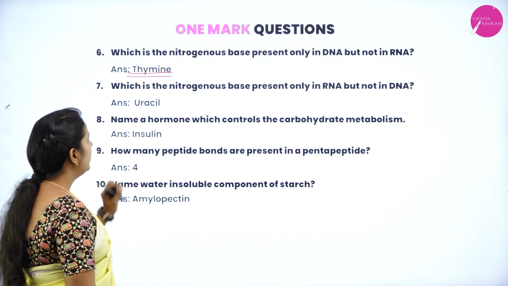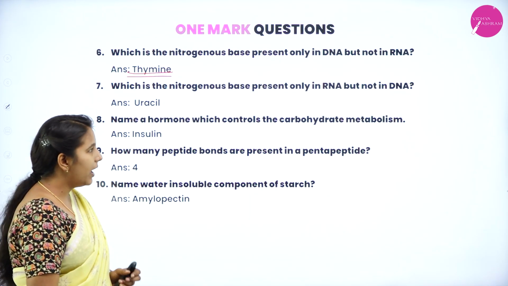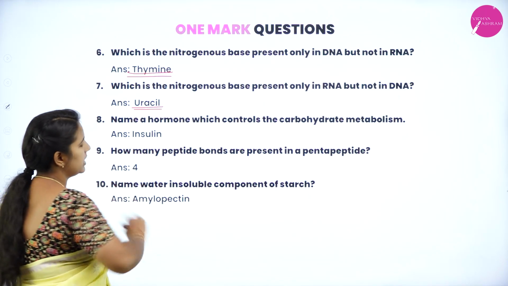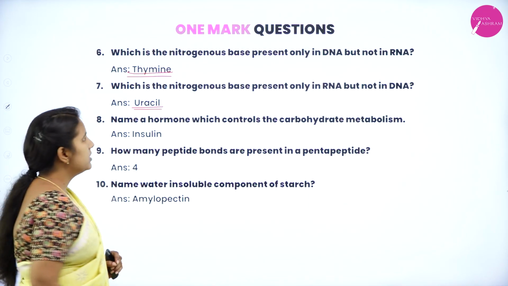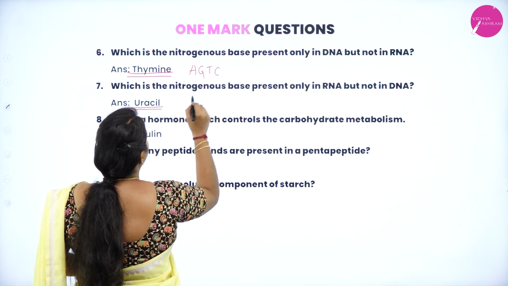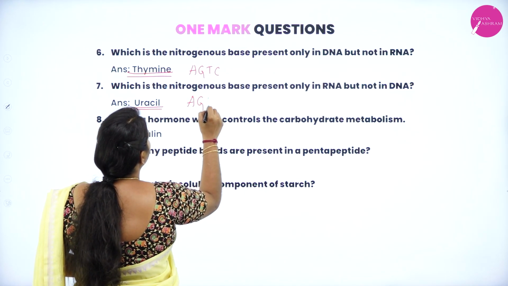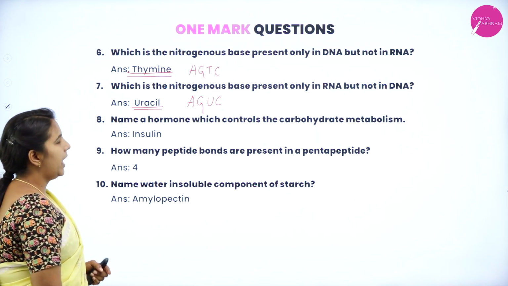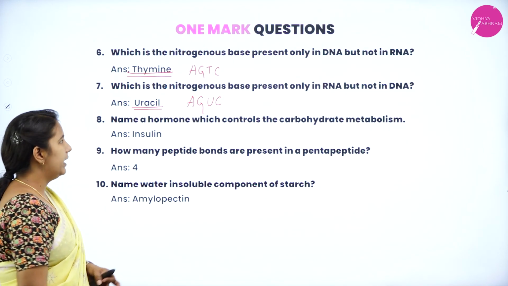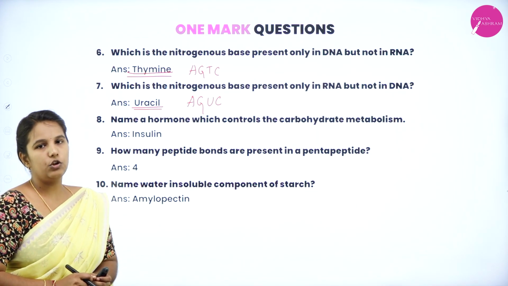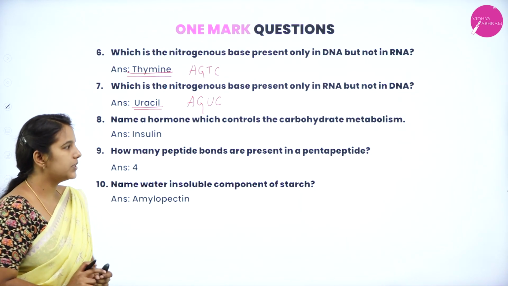Like that, we also have a nitrogen base in RNA, not in DNA. That is nothing but uracil. Okay. So, it is AGTC here. AGUC. Okay. So, thymine is present only in the DNA, whereas in case of RNA, we have only uracil as the nitrogenous base.